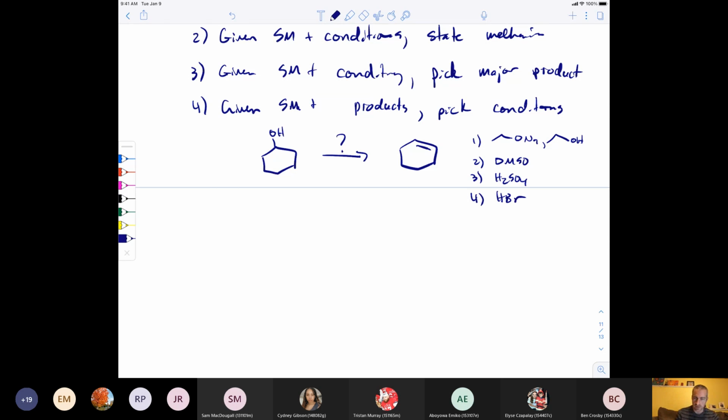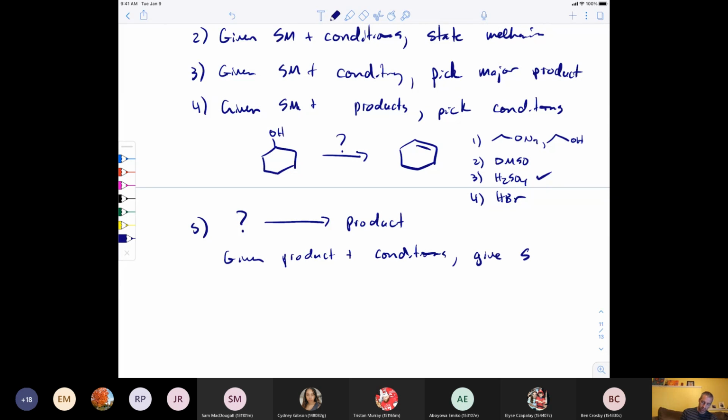You'd have to pick which conditions would give you the product there. The answer is 3, by the way. Sulfuric acid does dehydration for alcohols. And the last thing we could do with that is, given product and conditions, give starting material.